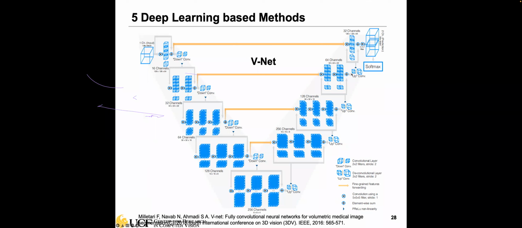So the Hausdorff distance basically measures how far two subsets of a metric space are from each other. For the dice score, you want to maximize, right? Because that involves the intersection over union, how much overlap there is compared to the ground truth.